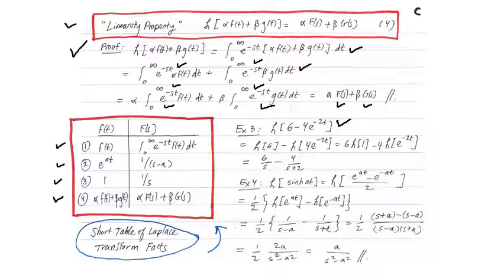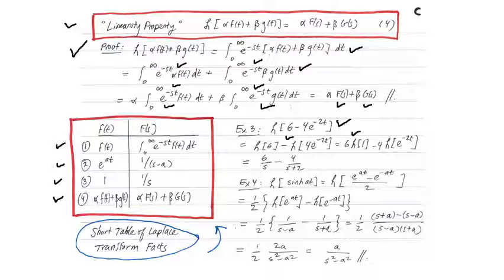Suppose we wanted the Laplace transform of the function 6 minus 4 e to the minus 2t. From the linearity property, the Laplace transform of a difference must be the difference of the Laplace transforms. Then we can pull out 6 from the first part.